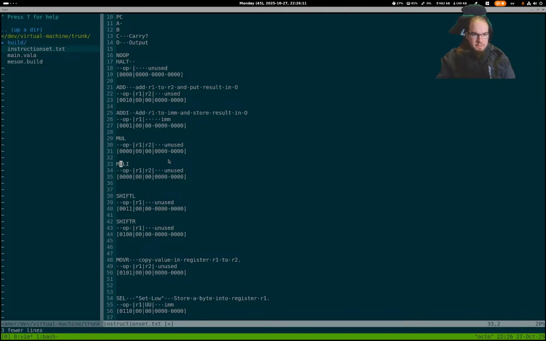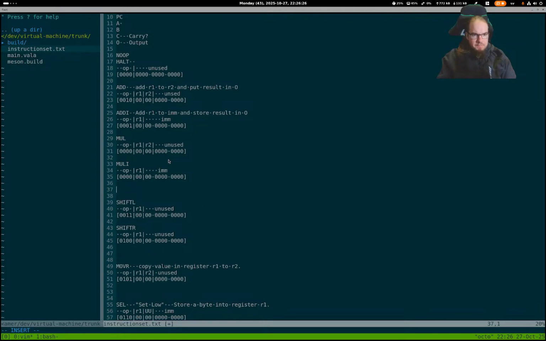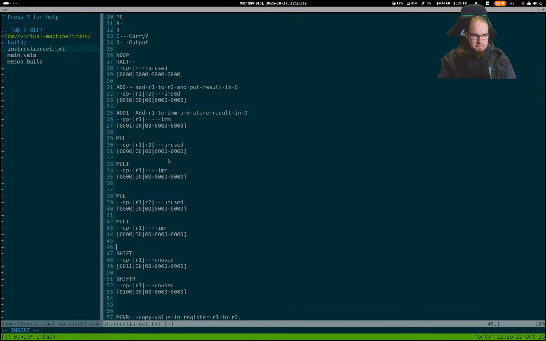That should be him. Needed value. Then we have div. Boost.